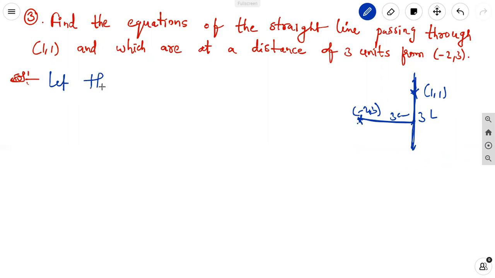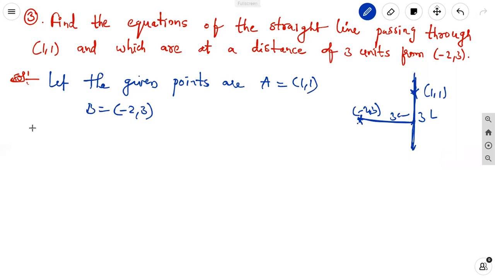Let the given points be A equal to (1, 1) and B equal to (-2, 3), and the distance from (-2, 3) to line L is equal to 3 units.